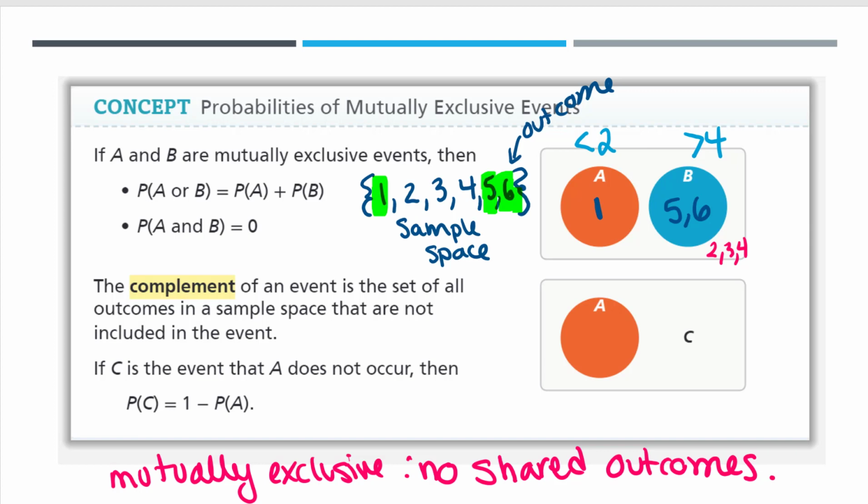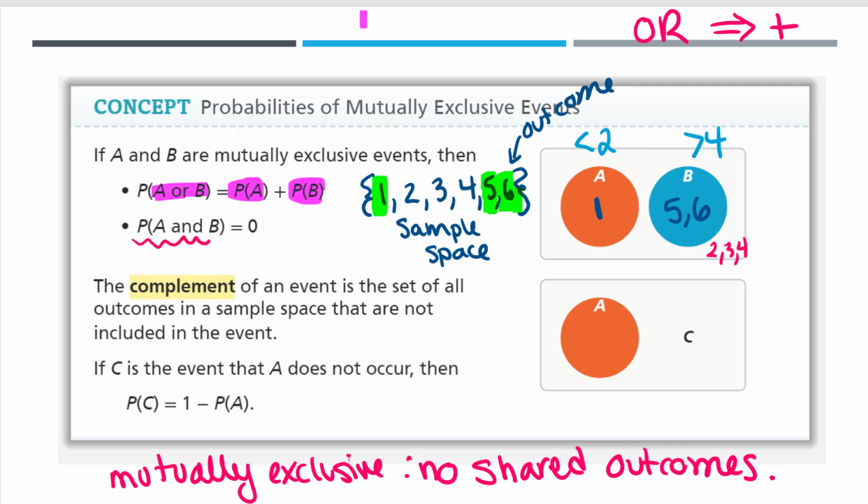In the example that I'm showing above, I want you to notice a couple things. When you're finding the probability of event A or B, you take the probability of A and you add it to the probability of B. So a really important thing to remember is that when you see the word or, that translates to an addition sign.